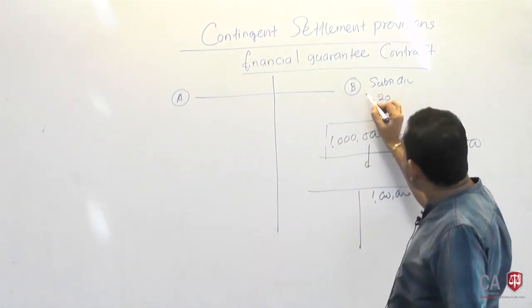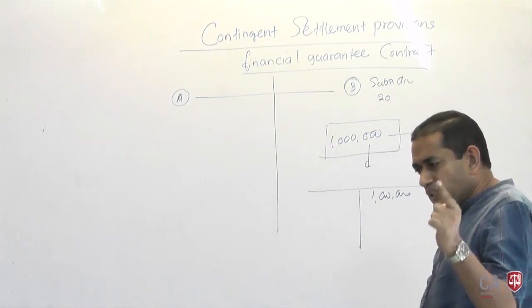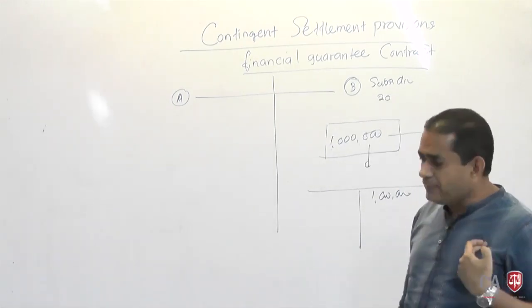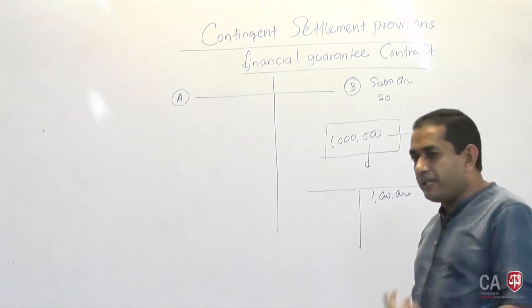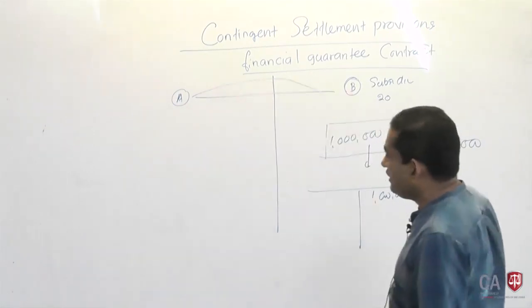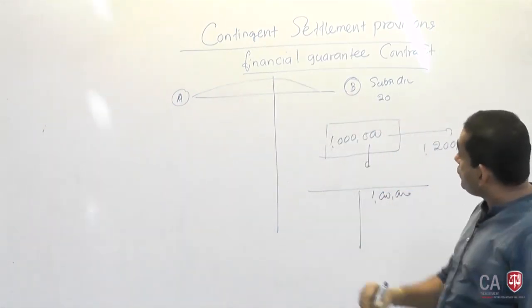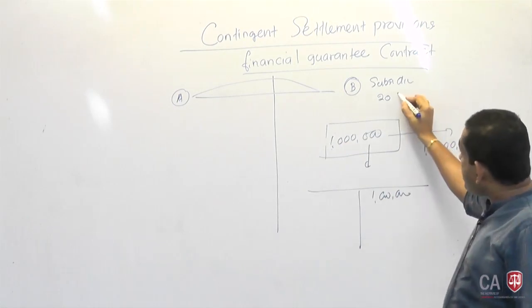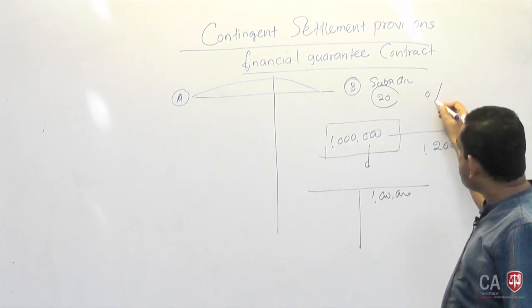And the bank of Company B says, if somebody whose creditworthiness is very high, credit risk is very low, gives us a guarantee to pay us on behalf of you in case you default, we don't mind granting the loan at 0%.